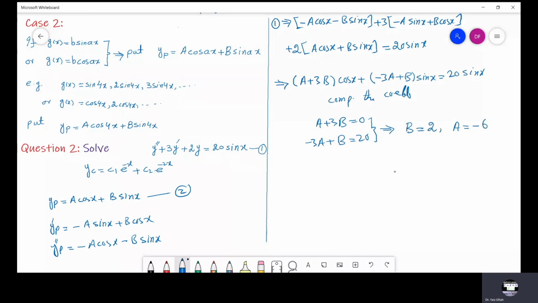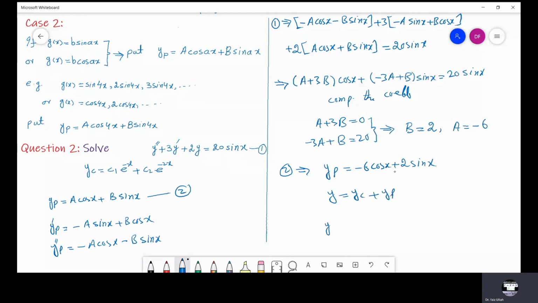Putting these values in equation 2, we get the particular solution, which is equal to minus 6 cos x plus 2 sin x. And now the general solution, y is equal to yc plus yp.